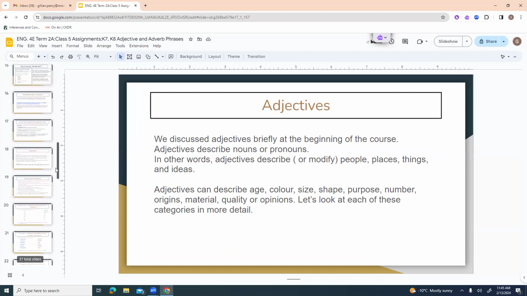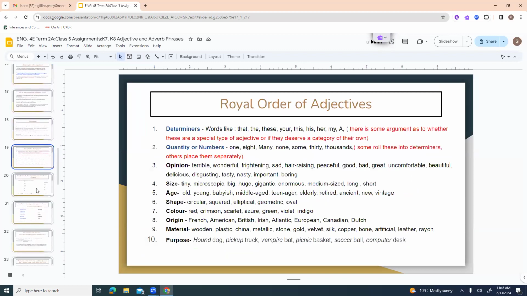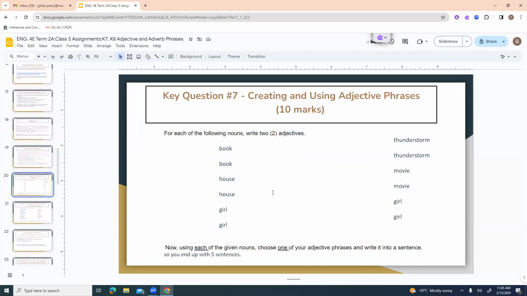Okay, there it is. Again, same thing. Write the adjectives, use it in a sentence. These are worth 10 marks each. I know at the very beginning it talked about how the entire activity is worth 30 marks, but that's because there's one more key question we're going to do, and we will tackle that tomorrow.